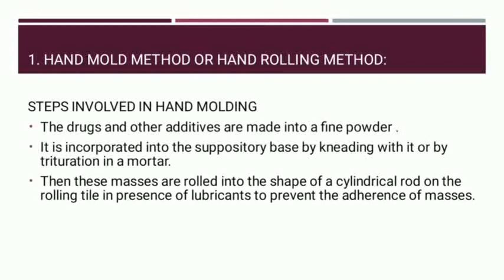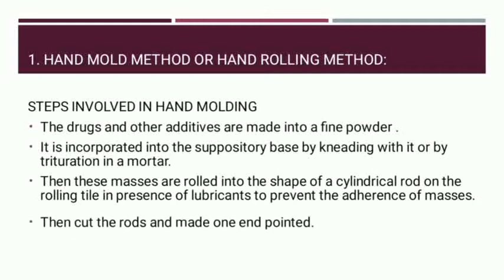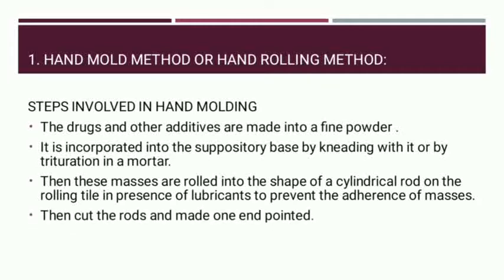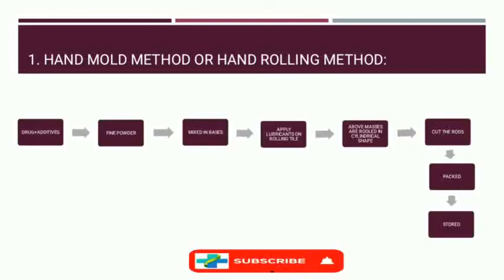Then these masses are rolled into the shape of a cylindrical rod on the rolling tile in the presence of lubricant to prevent adherence of the masses. And finally, it is cut into rods and one end is made pointed. Getting? So this is the general method.